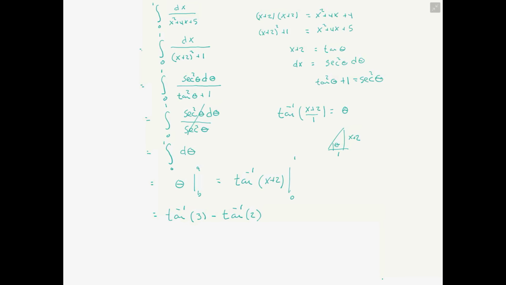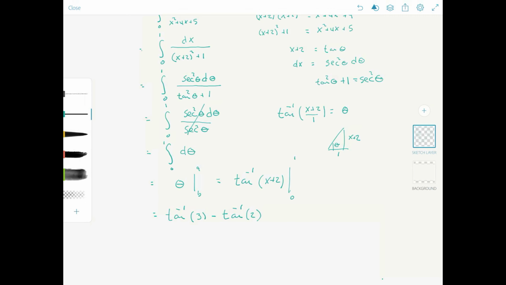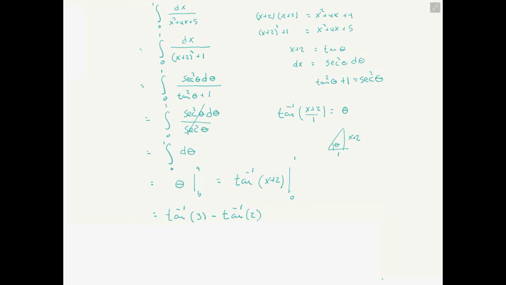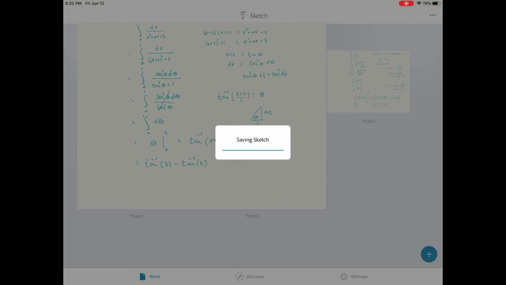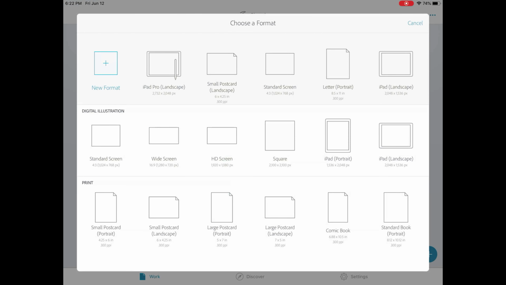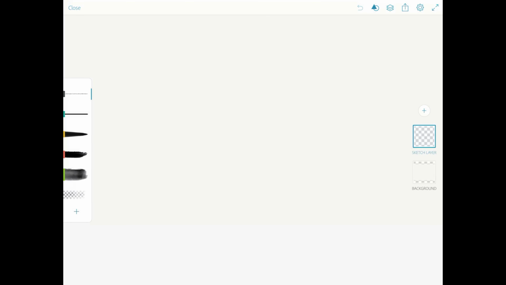We can't be more precise than that. We don't know what angles are going to give us those results. We'll just leave it at that. So that looked like it might be a tough one, but it really didn't work out to be tough at all.